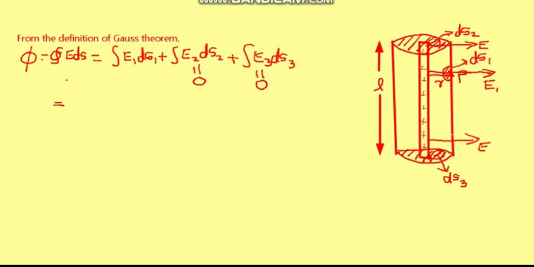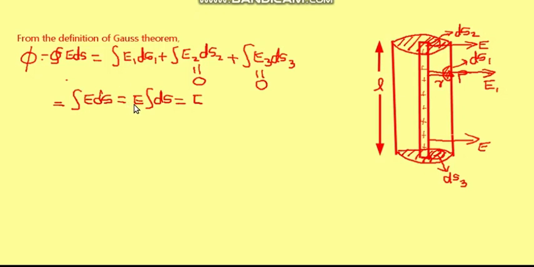And what is remaining now? Now there is electric field only through the curved surface. So the electric field through the flat surfaces will be absent, because electric field lines are passing normal to the curved surface, not through the flat surfaces of the Gaussian cylinder. Now you can rewrite this equation as phi is equal to integral E dS, such that E1 is taken as E, because there is only one electric field present.